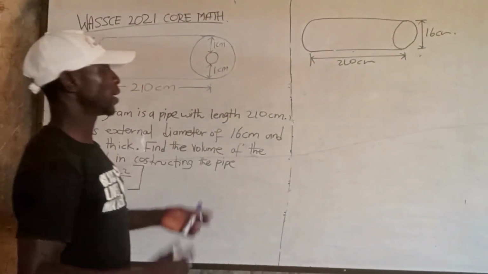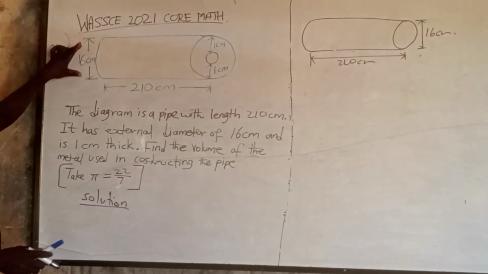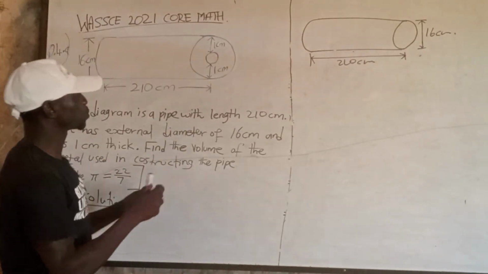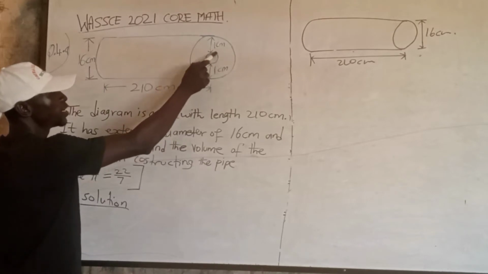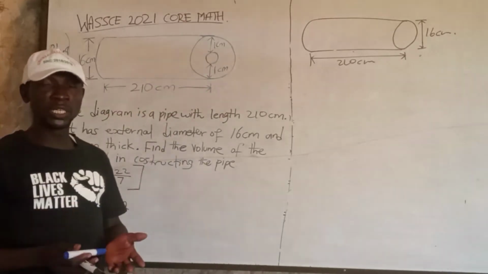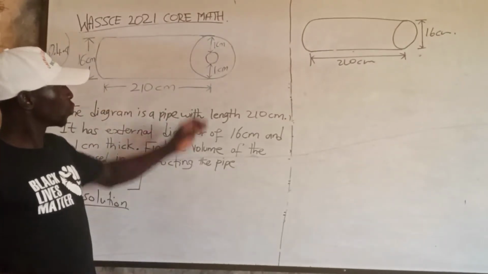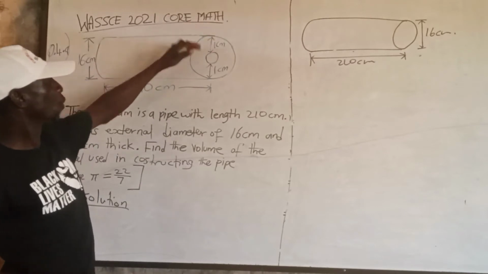Okay, so that's the bigger portion with the diameter 16, and the smaller portion is in here. The thickness is given to be 1 centimeter. So therefore, 1 centimeter here, 1 centimeter here.